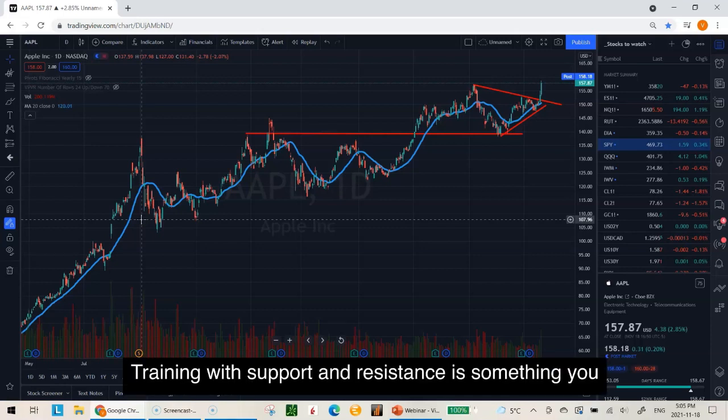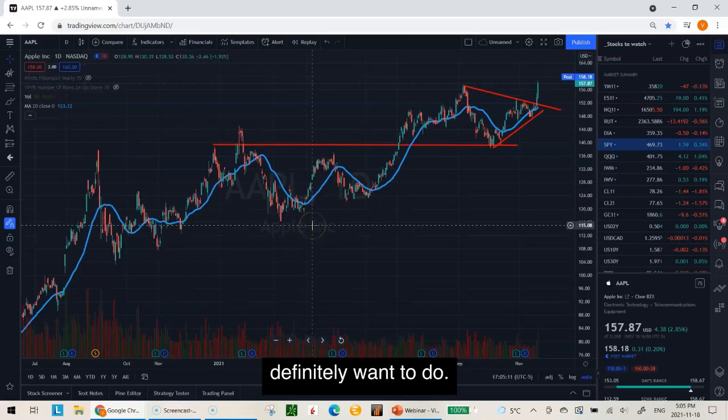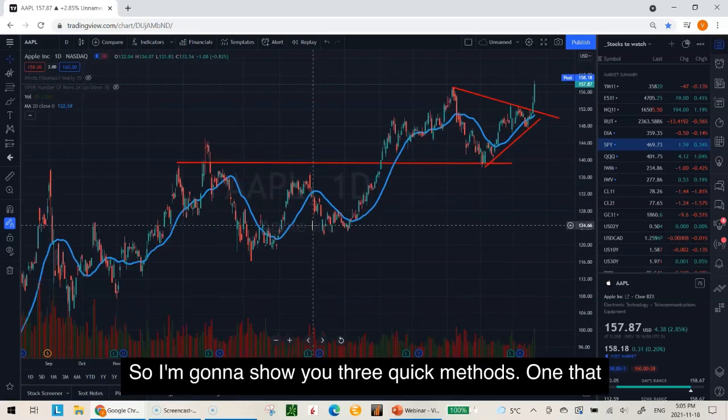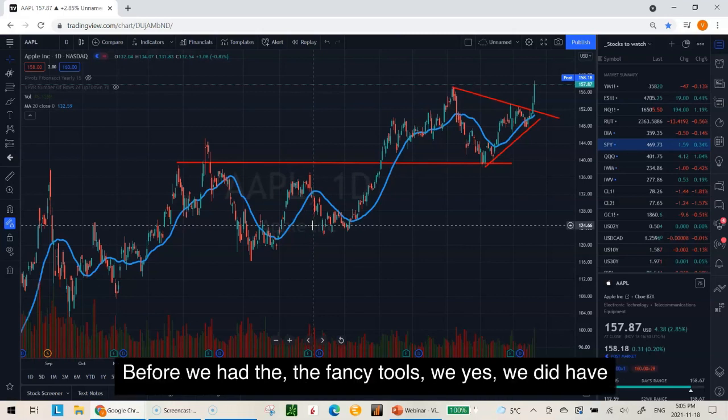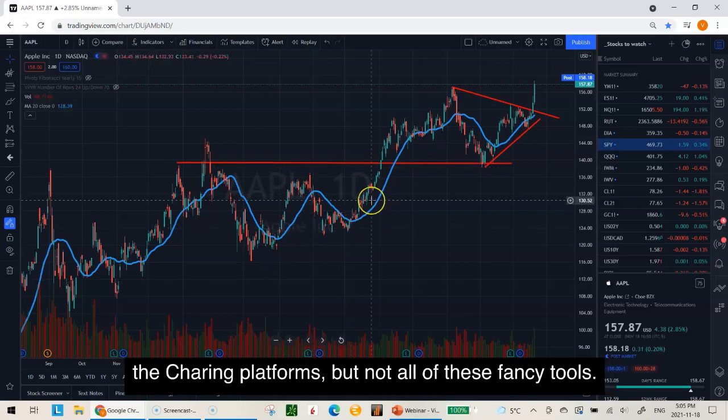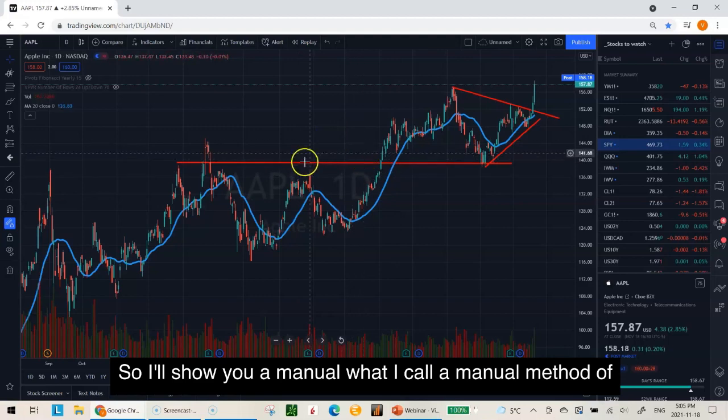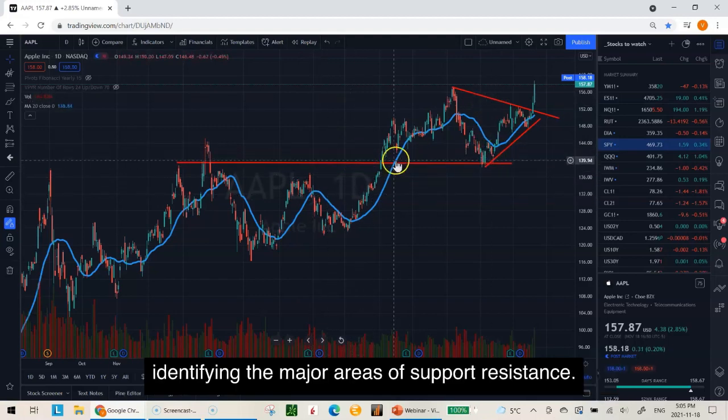Trading with support and resistance is something you definitely want to do. So I'm going to show you three quick methods. One that I'm going to start with is a very old method. Before we had the fancy tools, yes, we did have the charting platforms, but not all of these fancy tools. So I'll show you a manual, what I call a manual method of identifying the major areas of support and resistance.